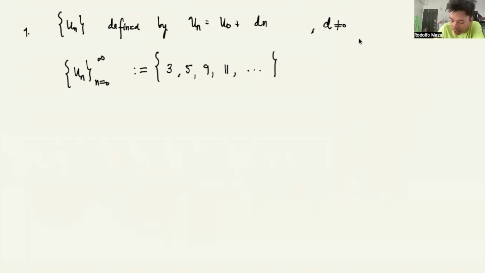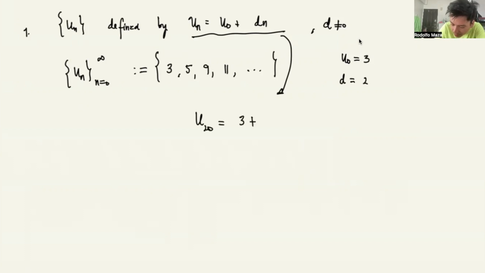So, you take into consideration that u sub 0 is 3, your d is 2. So, ibig sabihin, kung kukunin mo, using this definition, yung u sub 20, ang mangyayari doon, you have 3 plus, yung d mo is 2, yung n mo is 20, so you have 43. Yan. So this is a sequence. In fact, we call this in high school an arithmetic sequence.